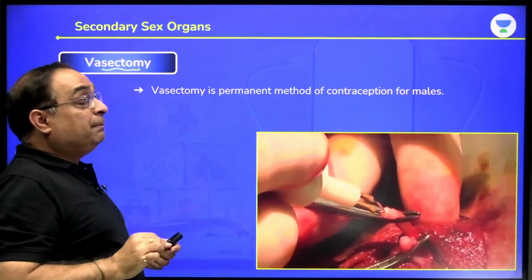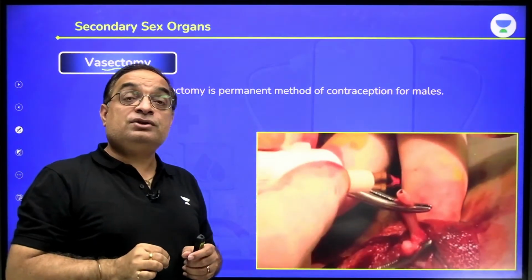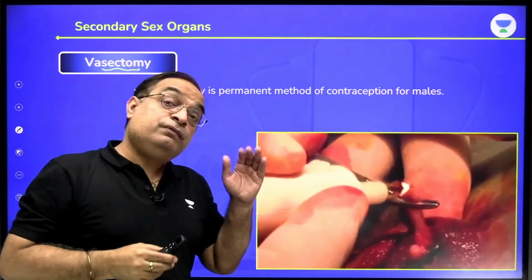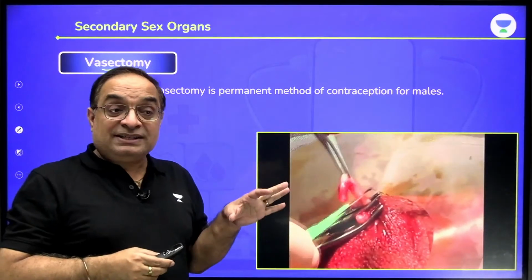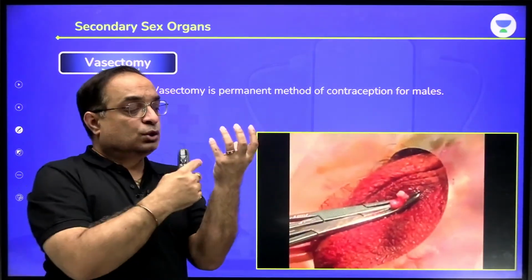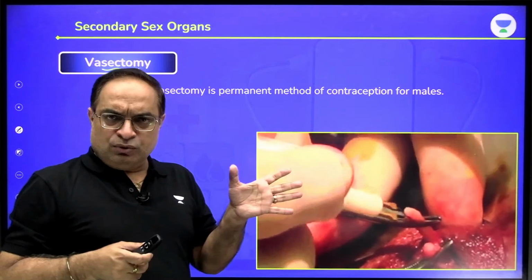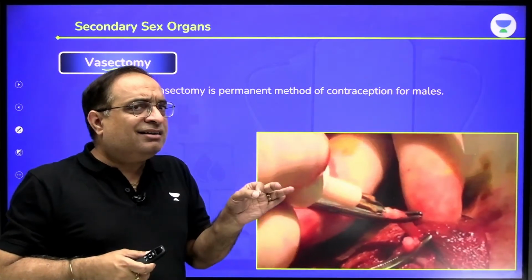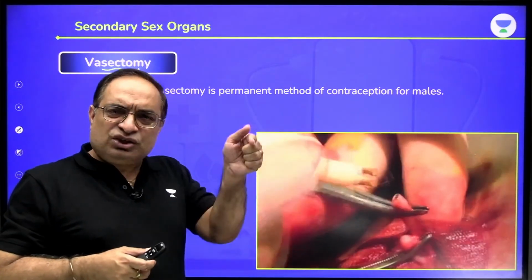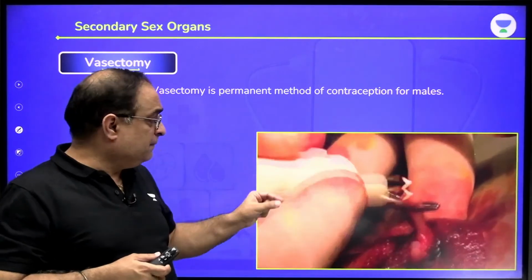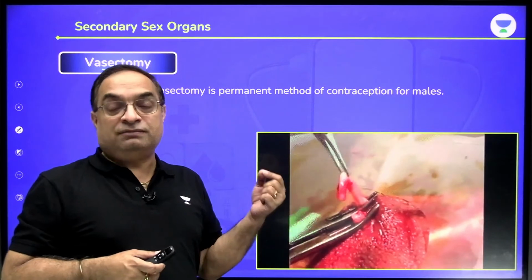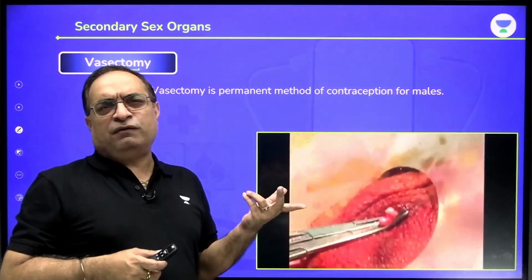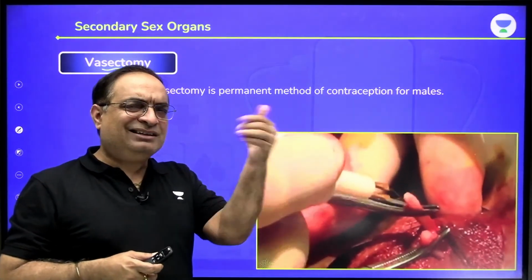What is this? Vasectomy. Permanent method of contraception for males. We will discuss this in reproductive health chapter. In vasectomy, what do they do? The scrotal area is shaved, hair removed, local anesthetic drug given, an incision or a cut is made in the scrotum, and a small part of the vas deferens is taken out. From both the vas deferens, a 1 to 1.5 centimeter piece is cut and taken out.